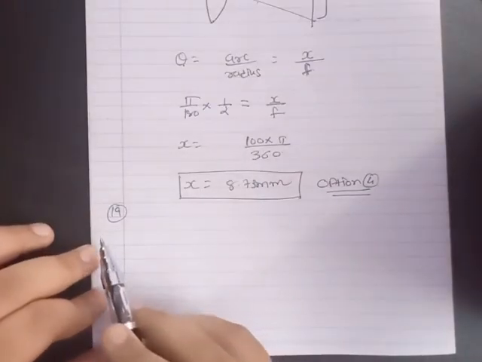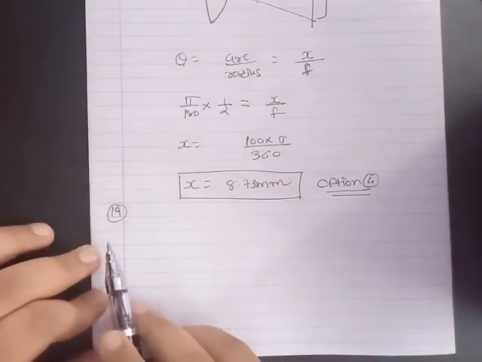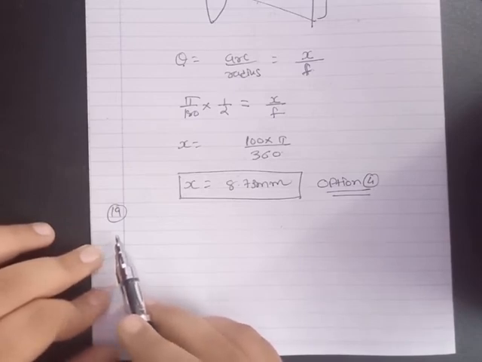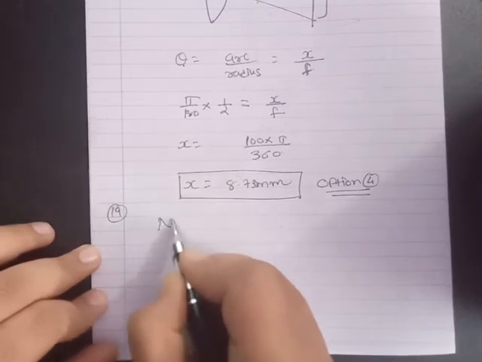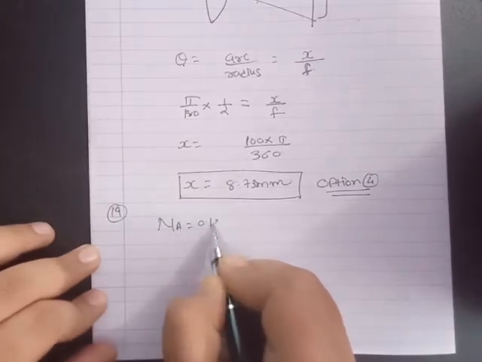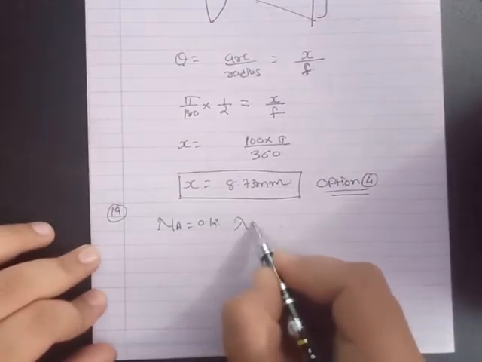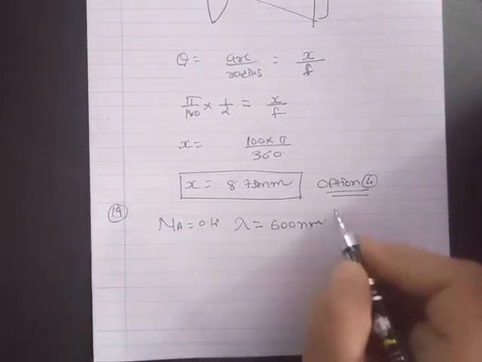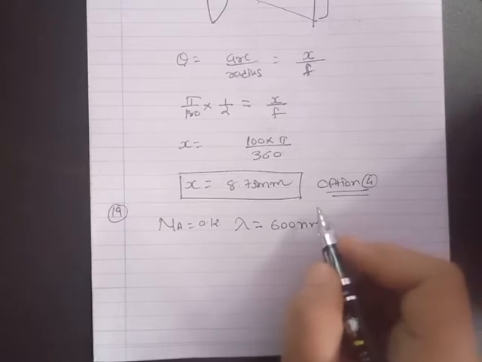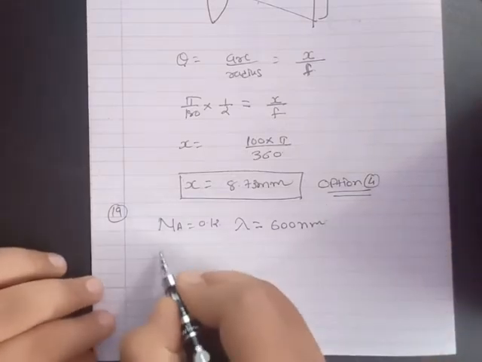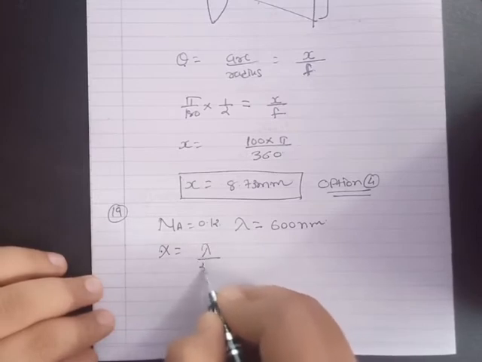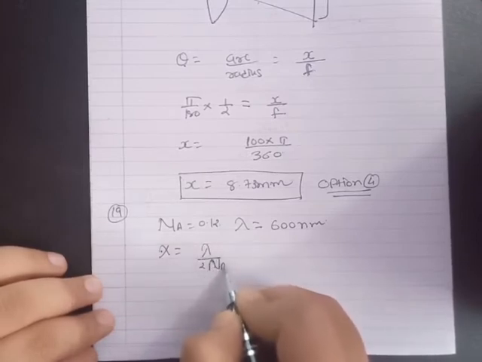In question number 19, we want to find the limit of resolution of microscope. The numerical aperture of microscope is 0.12 and the wavelength of light used is 600 nanometer. The limit of resolution is given by x is equal to lambda by 2 into NA.